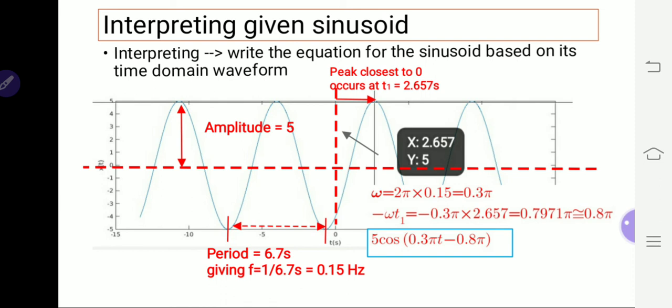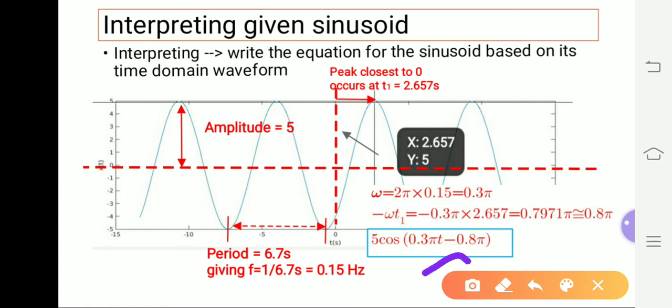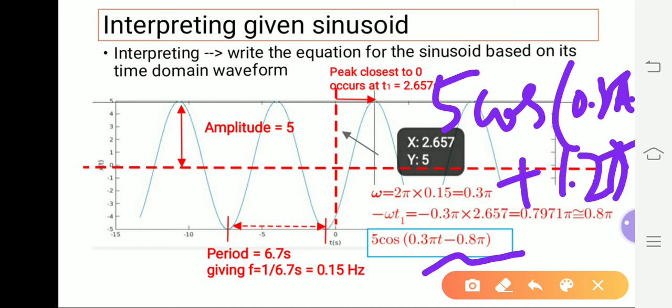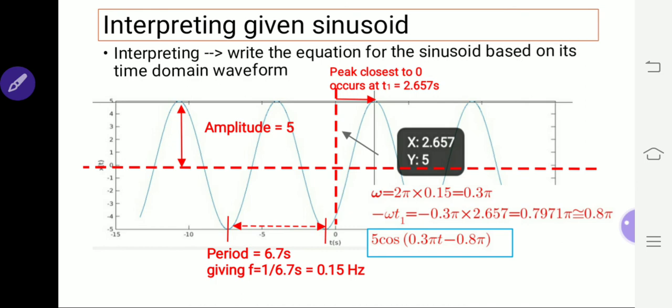So we get this version of the equation compared to 5 cos(0.3 pi t) that was plus 1.2 pi just now. You can see that 1.2 pi and negative 0.8 pi differ by 2 pi, which means 1 whole period.